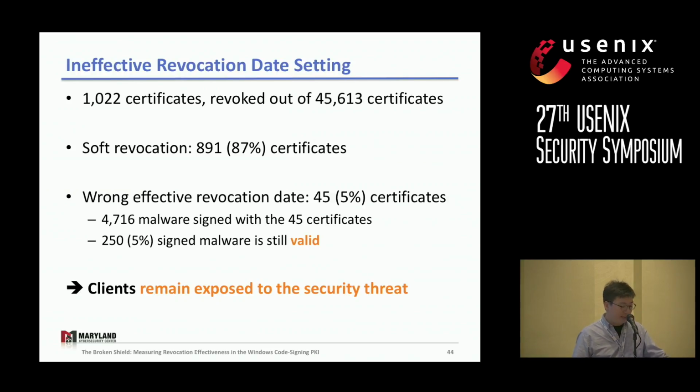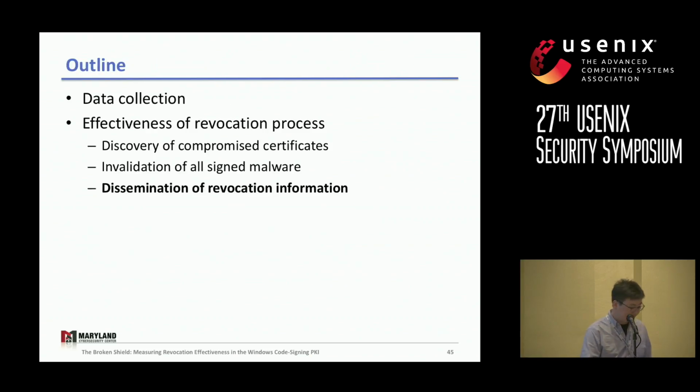So we measured how many CAs improperly set the effective revocation date. Here's the result: 5% of certificates have a wrong revocation date, and 5% of certificates signed with these compromised certificates are still valid, even though the certificates are revoked. Which means clients remain exposed to this security threat, even though the certificates are revoked.